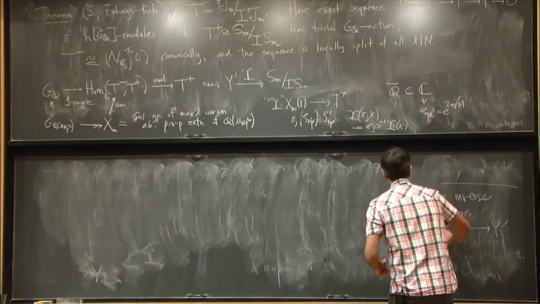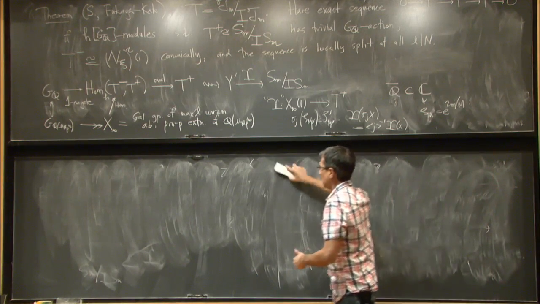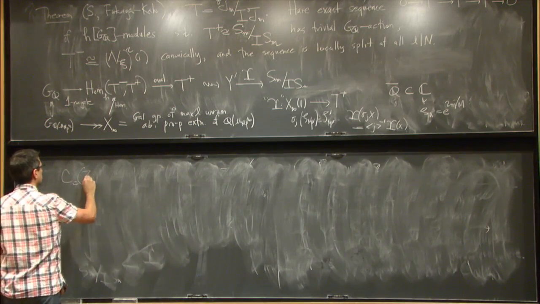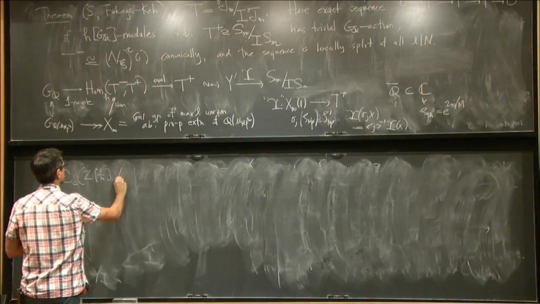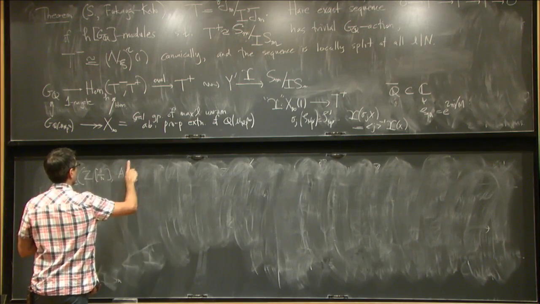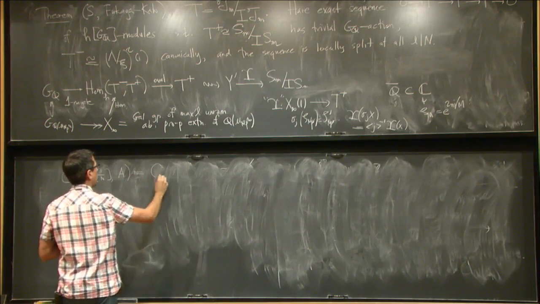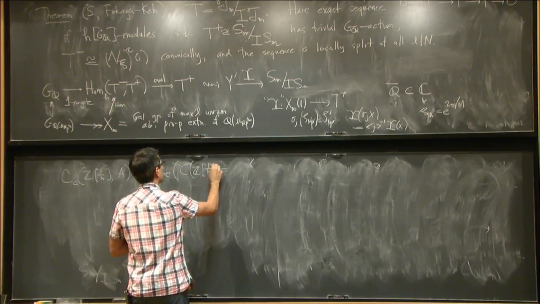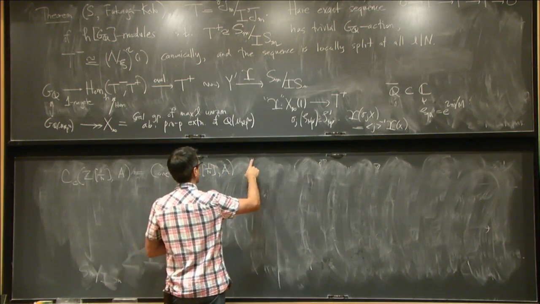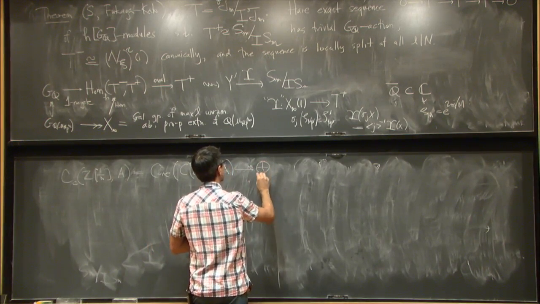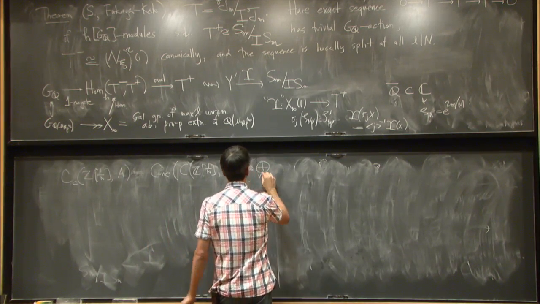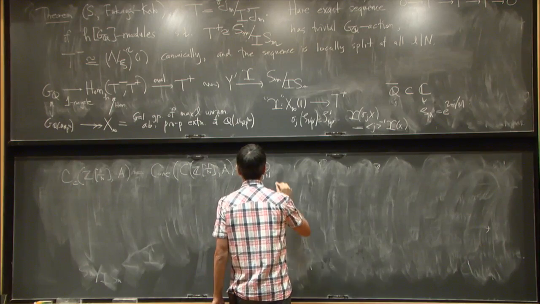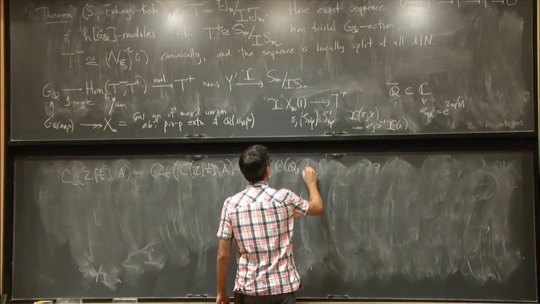And we can take the cone. So C_c, the continuous cochains of Z[1/n] with coefficients in some A, is going to be the cone from the global cohomology of A to the sum over l dividing n of C(Q_l, A).